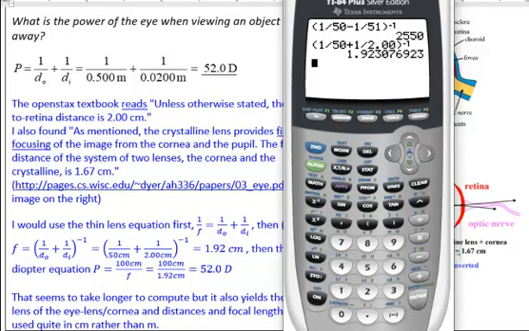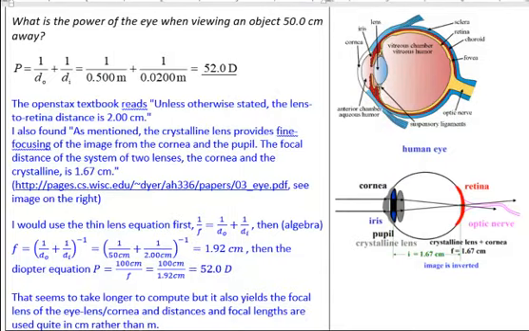So in this case, 1.92 centimeters is the focal length of the eye lens, and if you focus at something else at a different distance, that would actually change the focal length of the eye lens, which again, that's the unique thing about the eye that we have, or that animals have, that we have these ciliary muscles that are able to stretch or squeeze the eye lens.